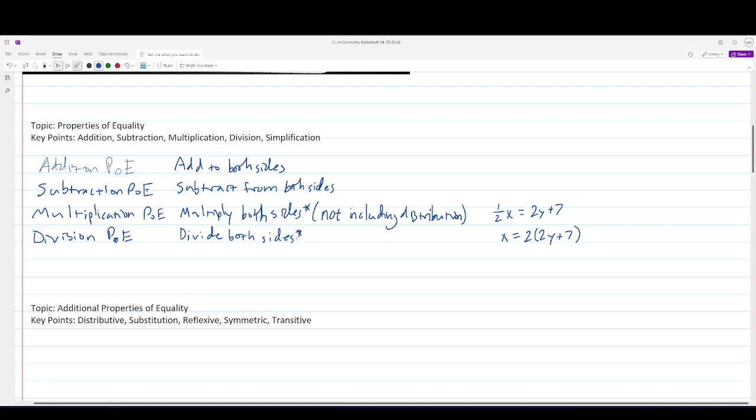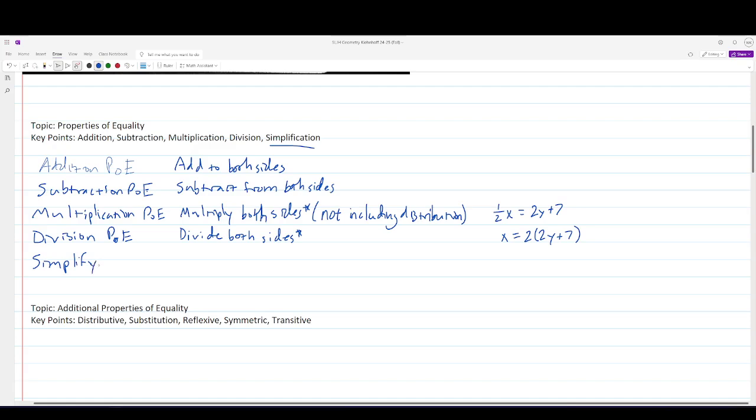And kind of like subtraction, division is like a fake operation because dividing is just multiplying by a fraction anyways. So if we're dividing both sides by a number, we typically call it division, even though you could say we're multiplying by a half or a third or whatever fraction. The last one I have here is not a property of equality, but I'm going to put it here anyways.